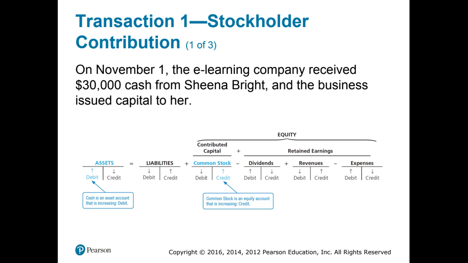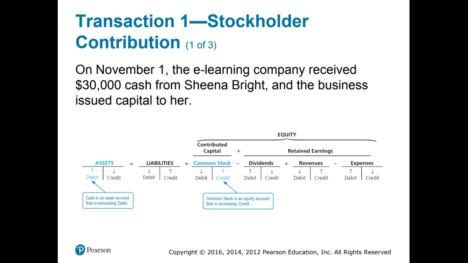So when we look down here at our extended accounting equation, assets went up. Cash is an asset account, and cash increased in this example because we received cash. Because cash increased, we are going to debit our asset account to increase our assets. Common stock is an equity account that is also increasing.